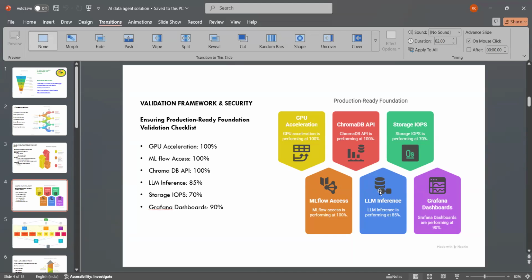Chroma DB is providing an API key to access, and LLM use is 85%, mostly functional with some improvement needed. Storage has low IOPS, with modest performance to process. And then the Grafana dashboard, most important in making the AI data agent.